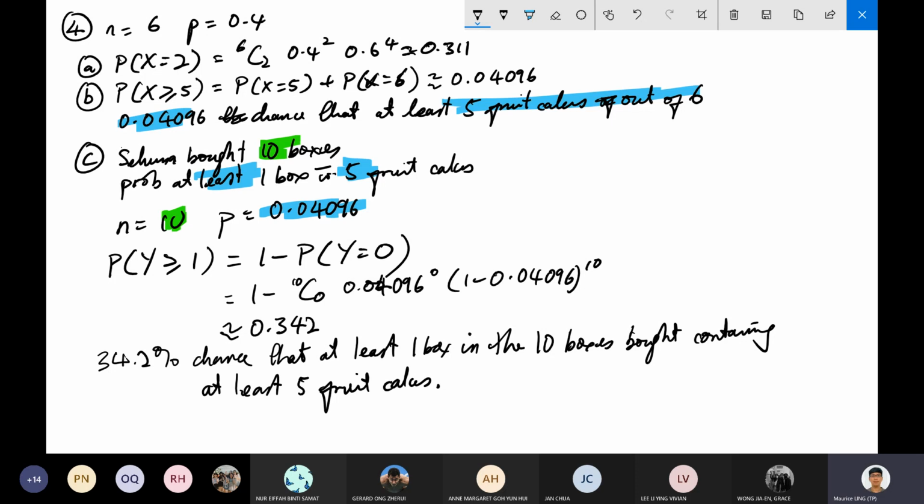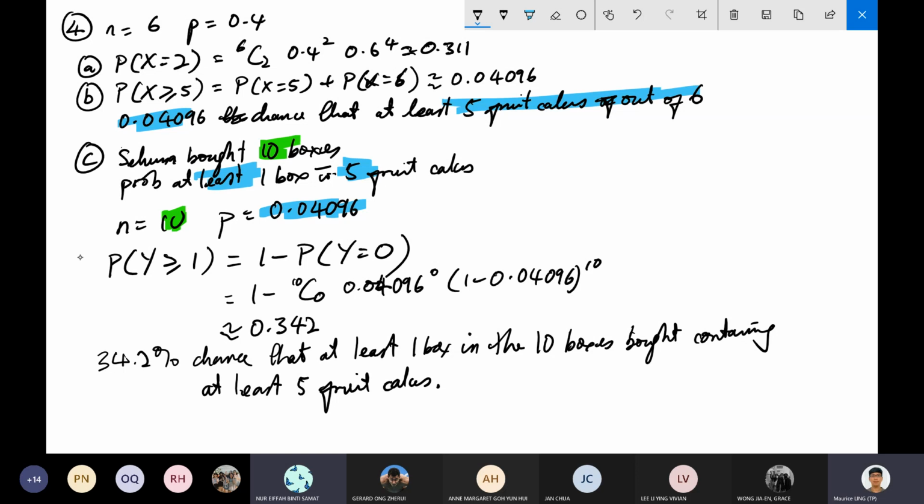Okay, any problem with this question? Yes, what? The probability of getting the fruit cakes in the box, y is greater than or equal to 1, then equals 1 minus the probability of not. I don't get that part.